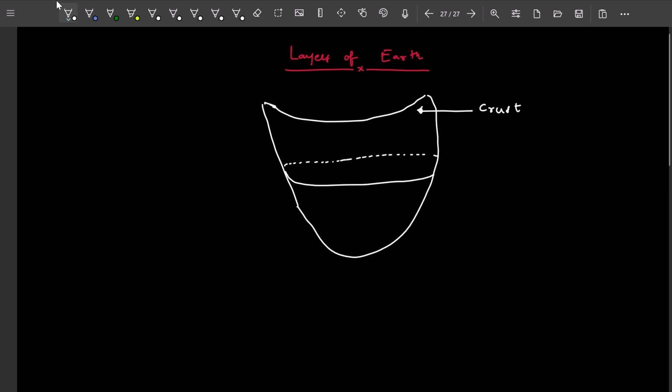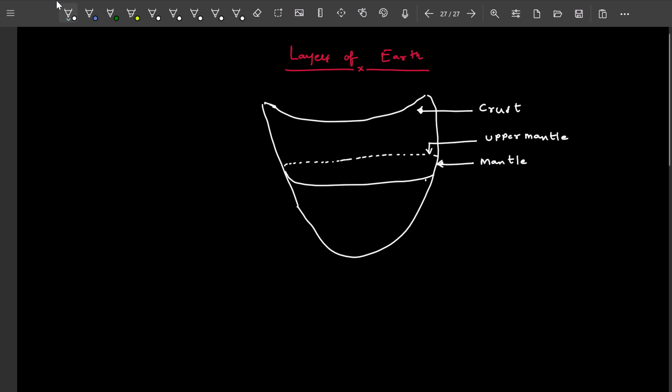This region is called the mantle. The upper layer, up to this dotted line, is called the upper mantle.